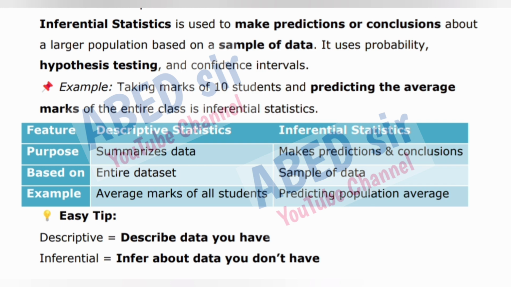Purpose: descriptive summarizes the entire dataset, while inferential makes predictions and conclusions based on a sample. Easy tip: descriptive is to describe the data you have; inferential is to infer about data you don't have.